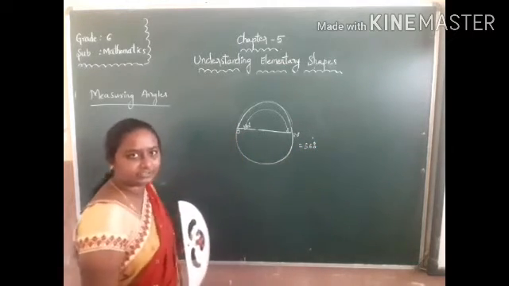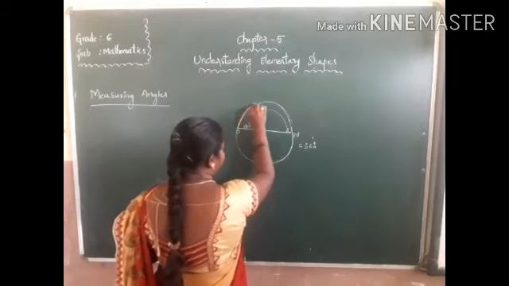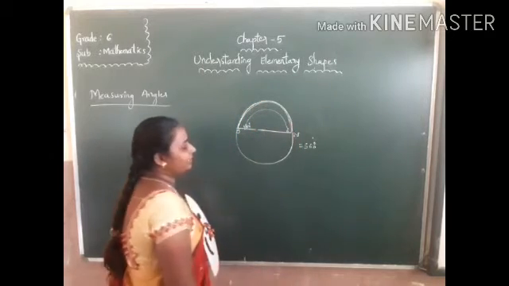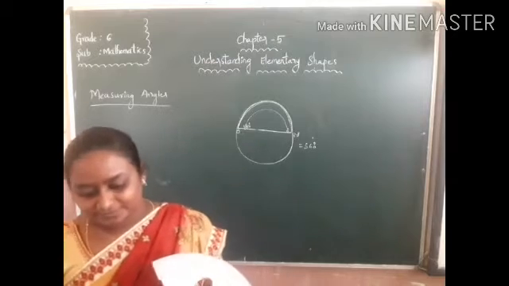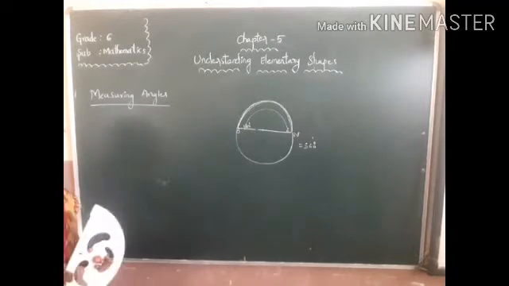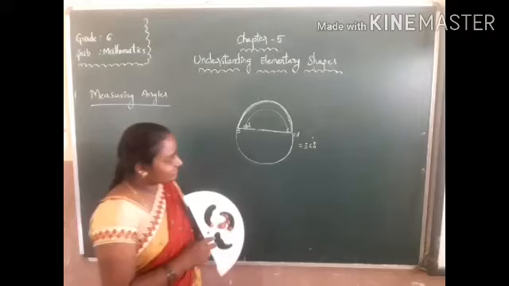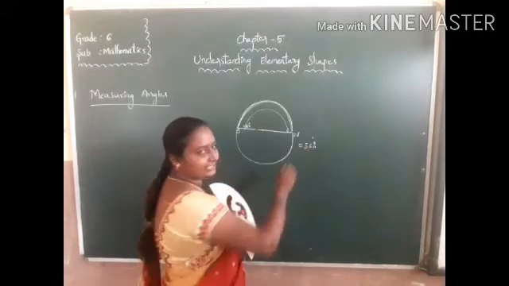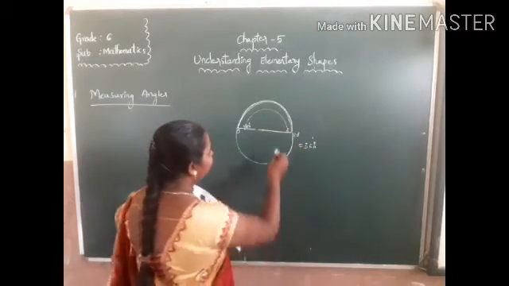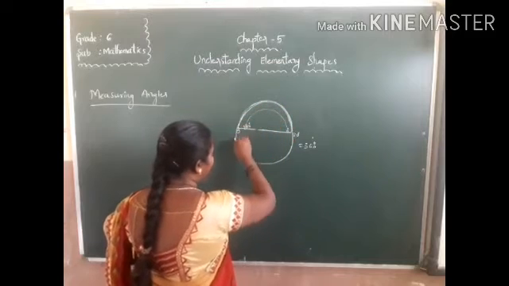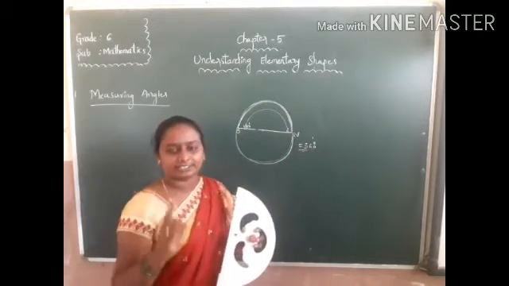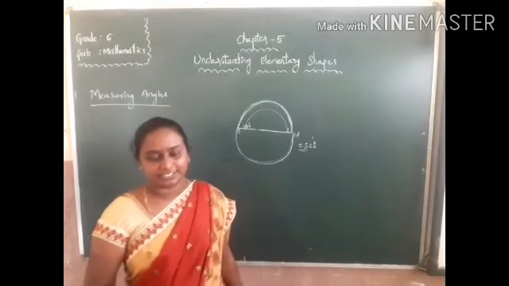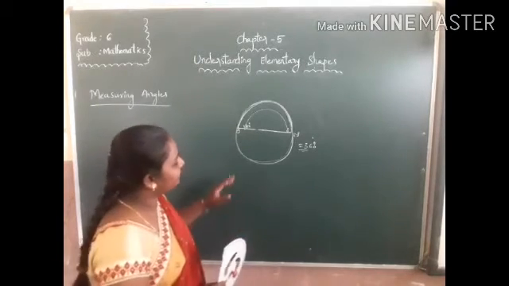This 360 degrees forms one complete revolution. So one complete revolution is divided into 360 equal parts. Okay? Right.